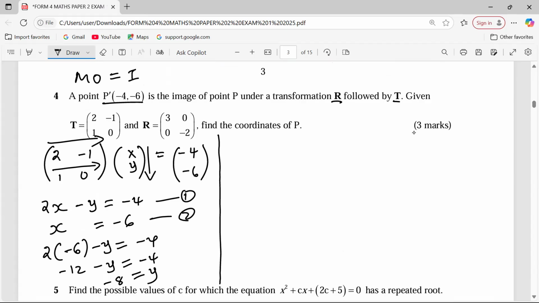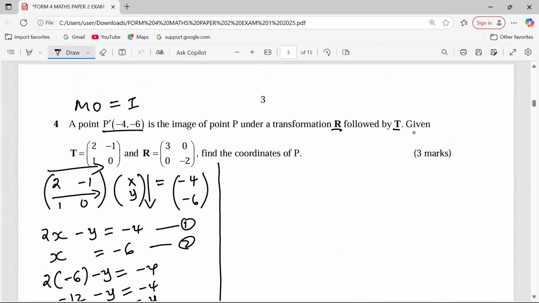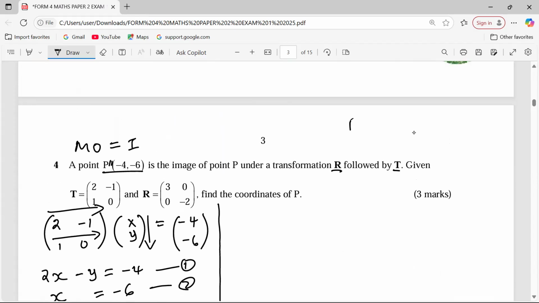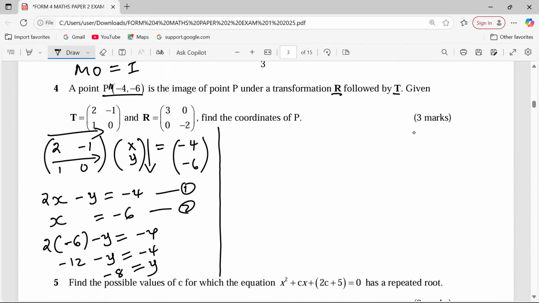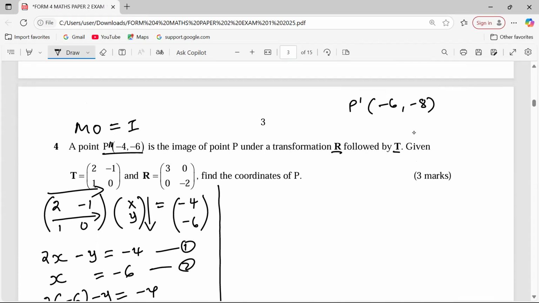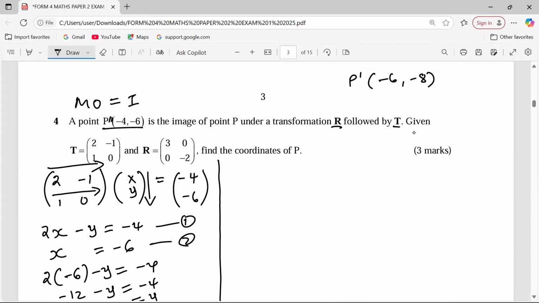I don't know whether we are getting this now. I don't know why they have said this. They could have actually given us, let me just modify the question to have this one as P prime. So now P prime is having the coordinate -6, -8. This is the image which was transformed finally by T to give us what had been provided.